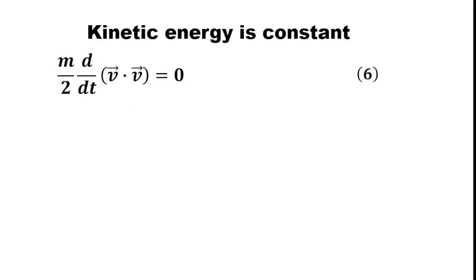And what is this v dot v? That is the dot product of velocity with itself, and we know that the dot product of any vector with itself is equal to the square of the magnitude of that vector. Therefore, we obtain v dot v is equal to v squared.